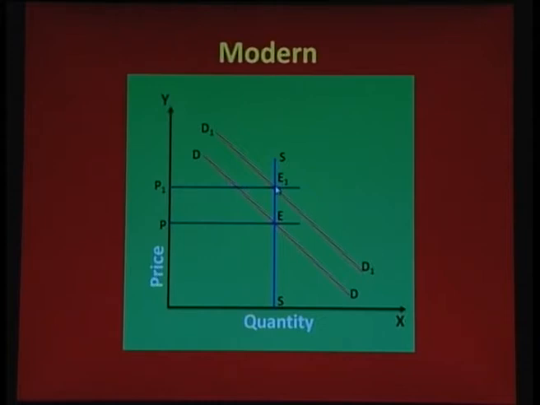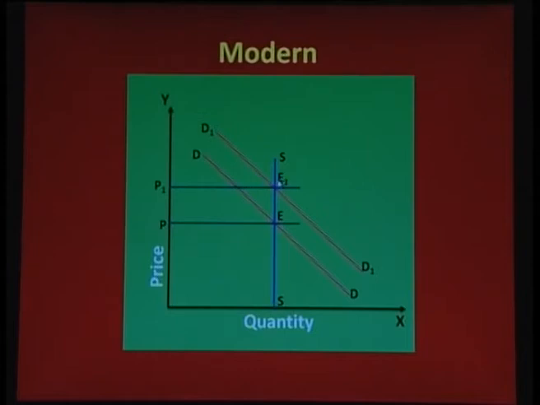So, now we can see that from origin to P1 to E1 to S is the whole quasi-rent, and this quasi-rent has appeared because of the increase in the demand from DD to D1, but no change in the supply curve, the inelasticity of supply.